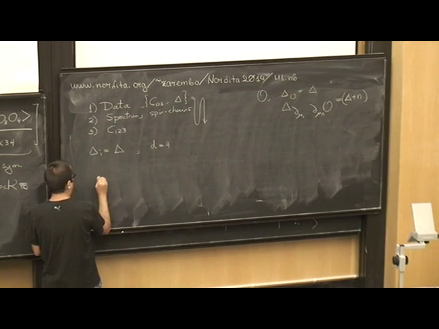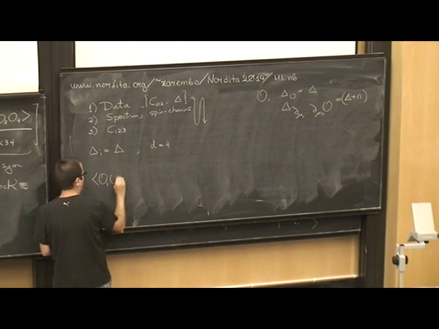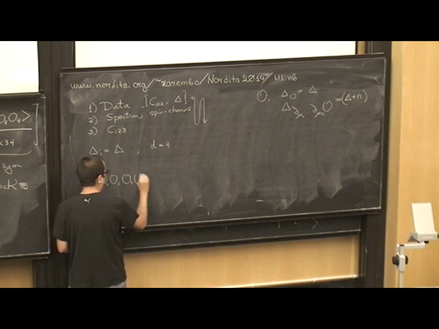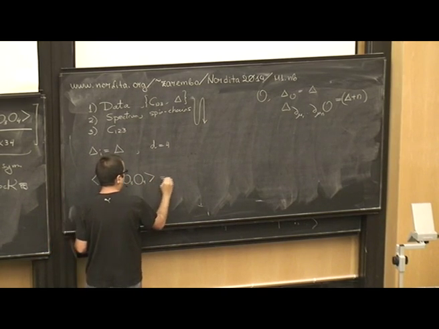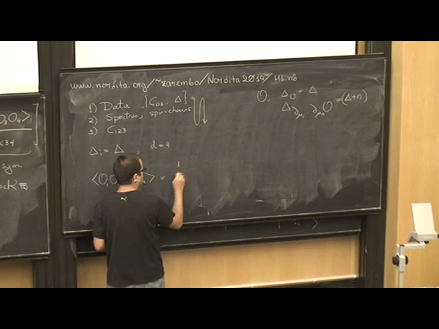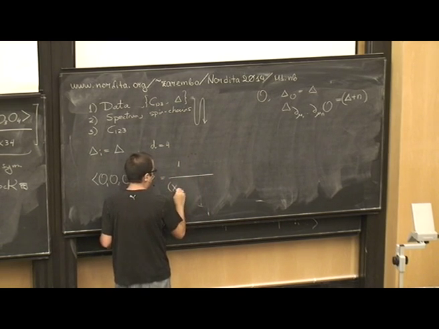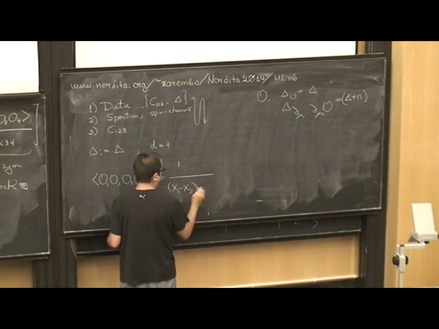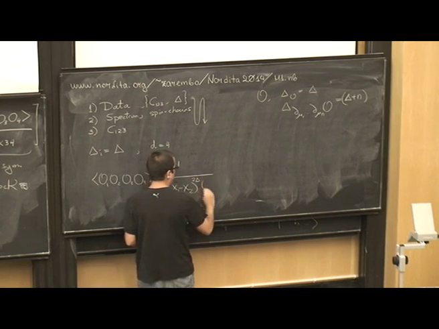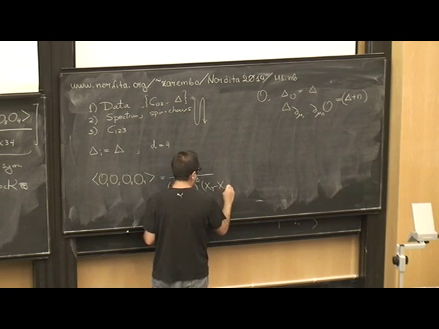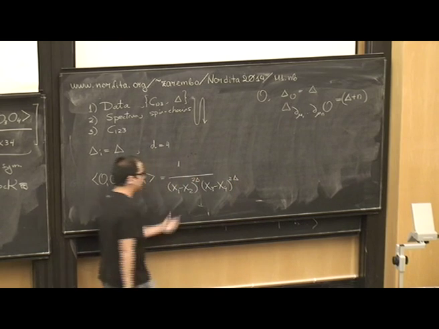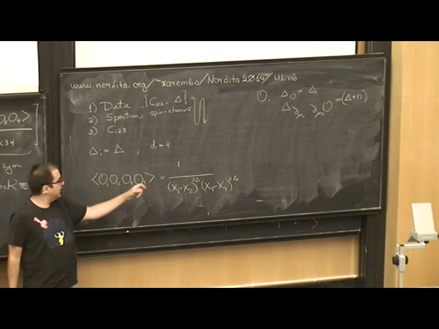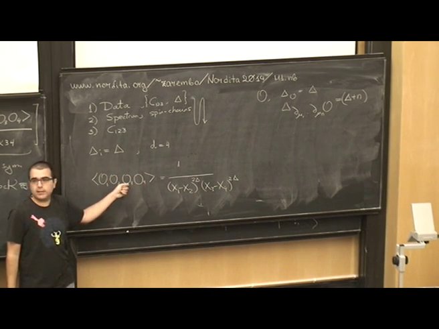Then this correlation function of O1, O2, O3, O4 is given by, well, there is an explicit dependence, (x1 minus x2) to the power 2 delta, (x3 minus x4) to the power 2 delta. This is just some factor that already has the right scaling with respect to the conformal group.